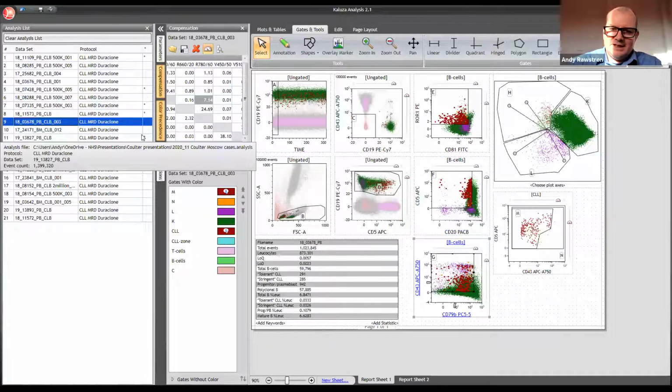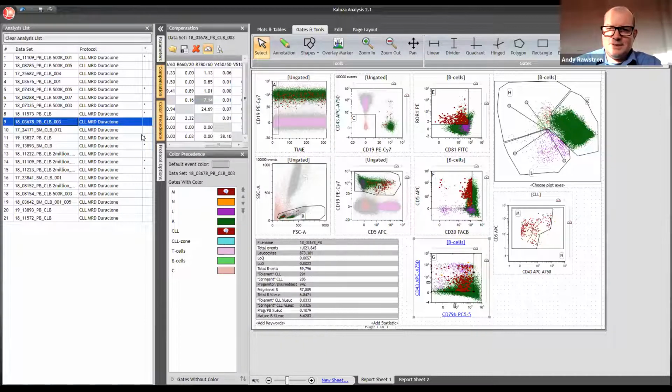So this is a similar situation. These are the ones where it's difficult, where there's lots of normal B cells and very few suspicious events. But if we take the same approach here, let's have a look at the things that have got some CD5 expression possibly and weak CD81.